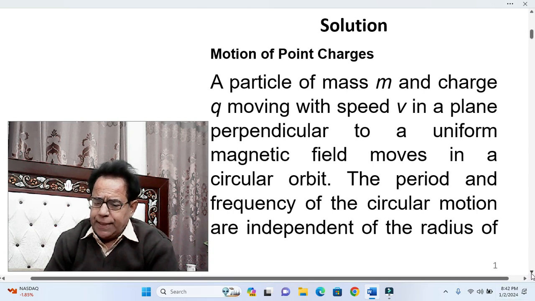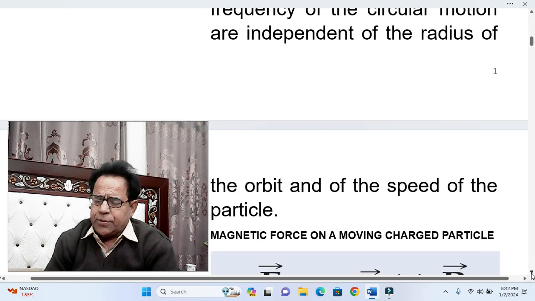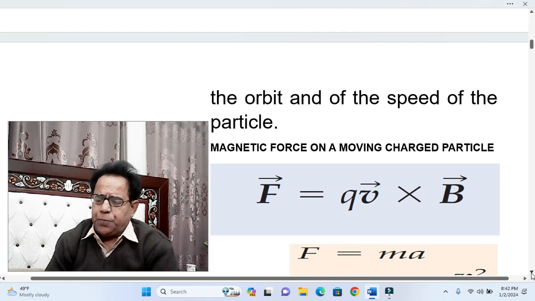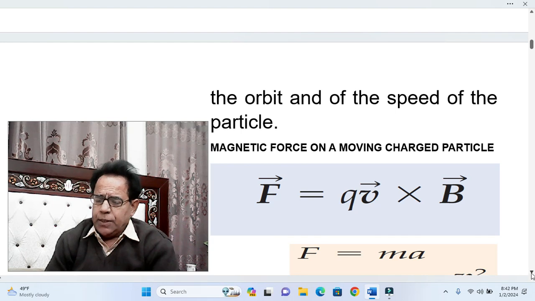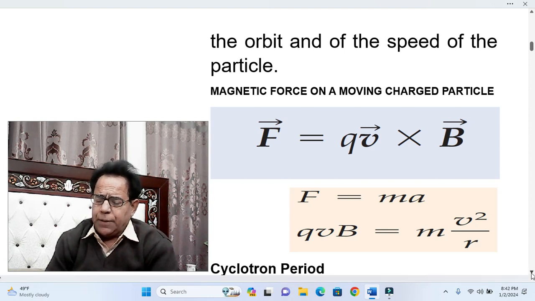The period and frequency of the circular motion are independent of the radius of the orbit and of the speed of the particle. Now we come towards this wording in mathematical expressions through several other snapshots.